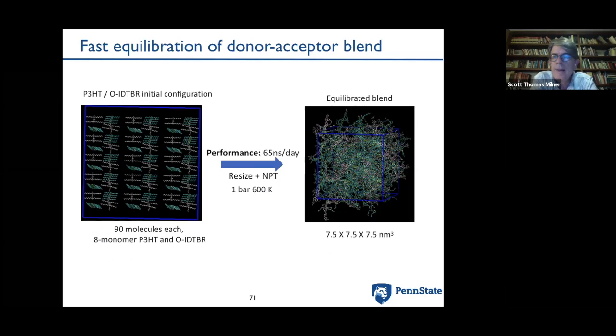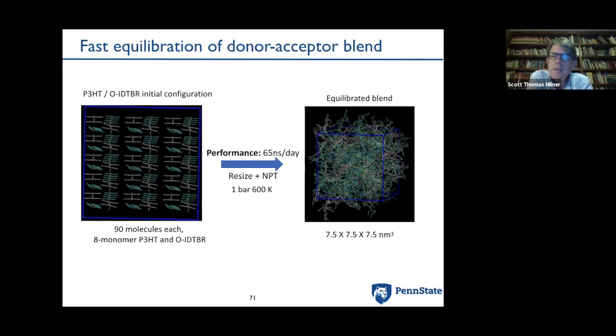And so again, we're using this technique of building an idealized structure and then shrinking it and equilibrating it, which you see here. And this runs quite fast and prepares a well-equilibrated blend of oligomers, short molecules of the P3HT, and then these full-sized acceptor molecules.